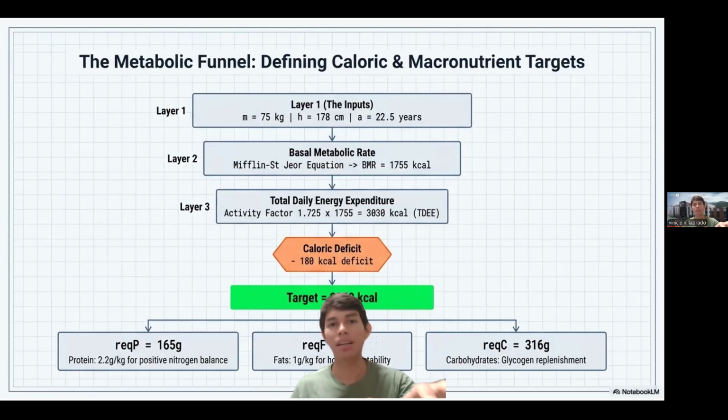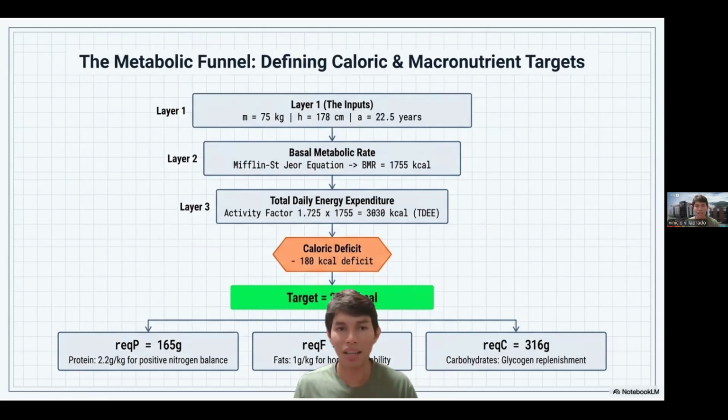For this, I use my data: I weigh 75 kilograms, I'm 178 centimeters tall, and I'm 25 years old. Using this data in the Mifflin-St Jeor equation, it gives me a basal metabolic rate of 1755 calories.